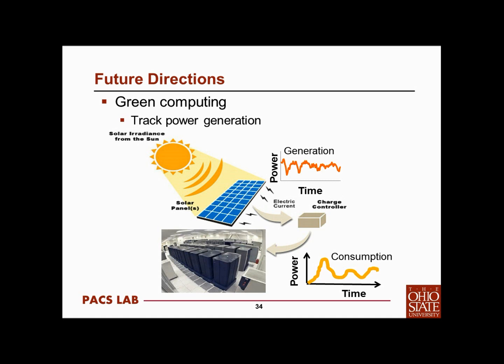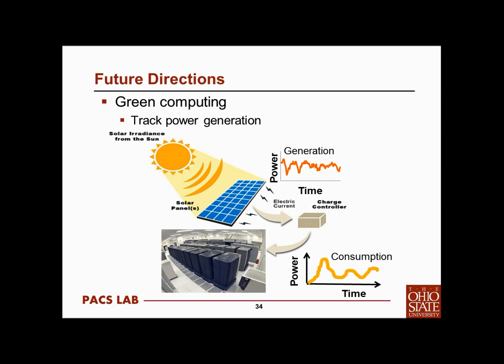The problem here is the workload condition is independent from the solar radiation availability. So there is a mismatch here. There is a possibility that when we want to use a lot of power in the server room, the solar panel cannot generate that much power. So we need to manage the power consumption of the server room.